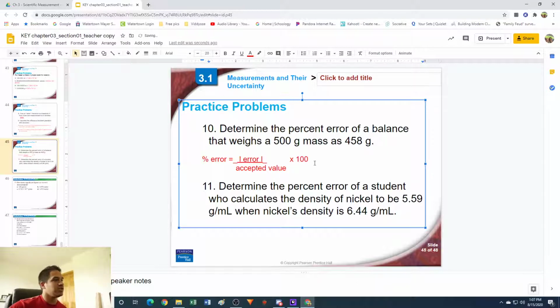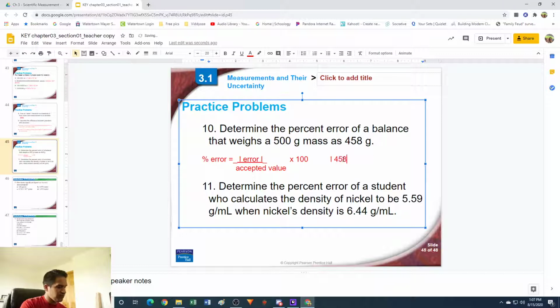Okay, so in this problem, it says determine the percent error of a balance that weighs a 500-gram mass. This 500 grams, that's our accepted value. The 458 grams, that's our experimental value. Okay, and our error here is our experimental minus our accepted. So what we're going to do is take the absolute value.